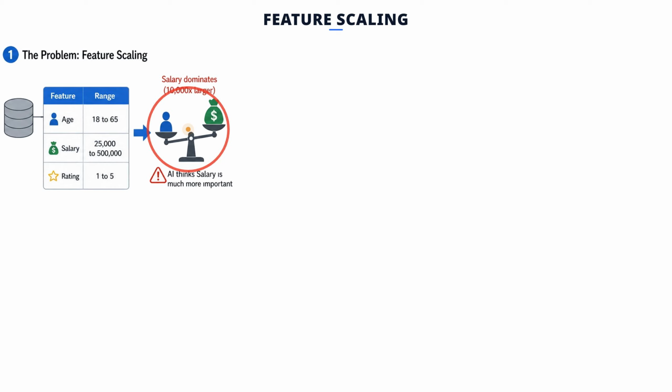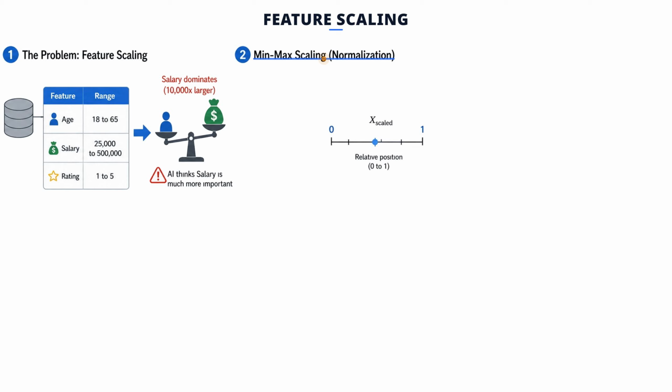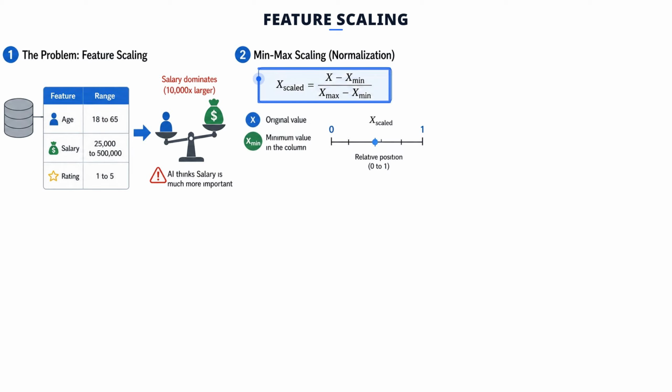One way to fix this scaling issue is min-max scaling, also known as normalization. This technique simply squeezes all your values into a tight range, specifically between 0 and 1. Here is how it works. We take our original value, subtract the minimum value in that column, and divide by the total range, which is the maximum minus the minimum.